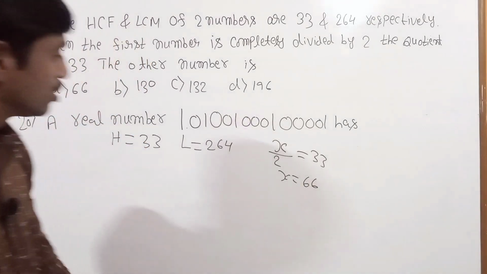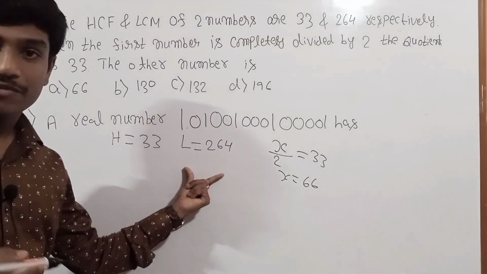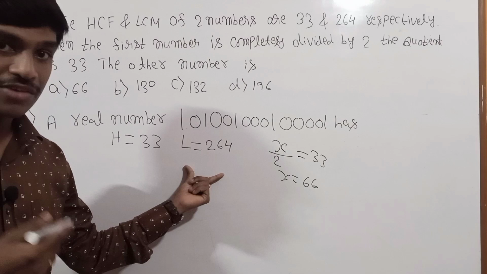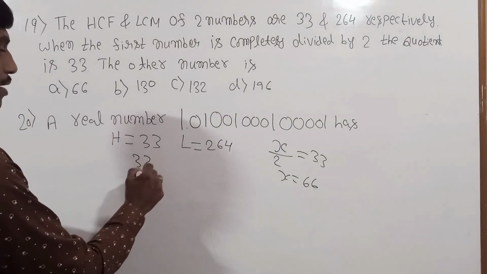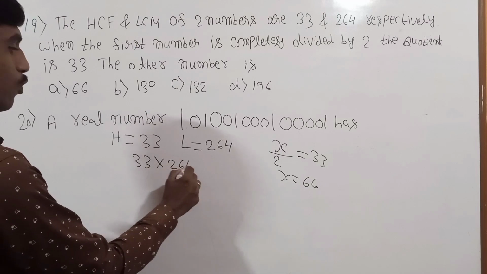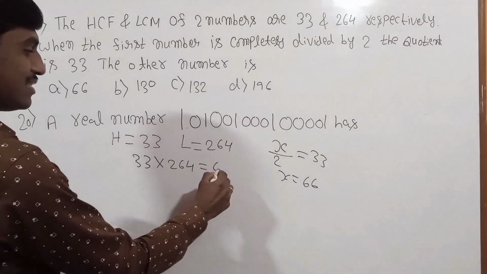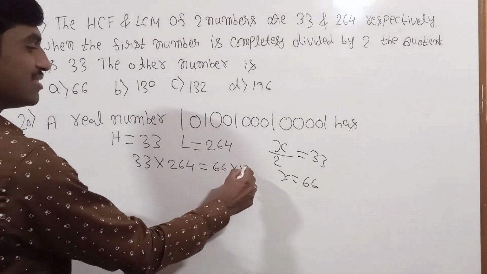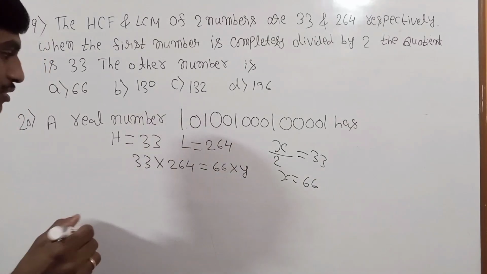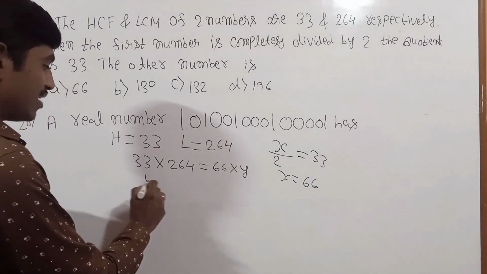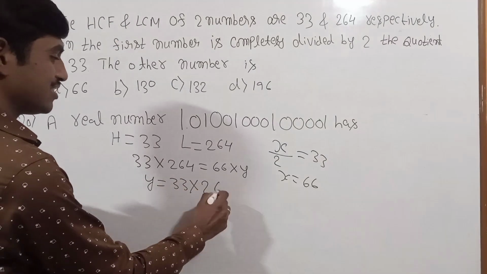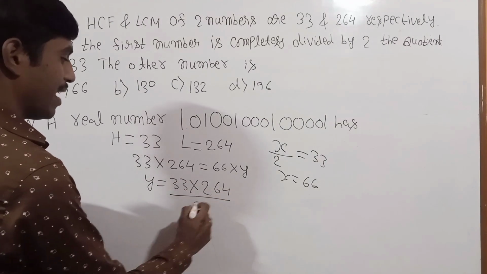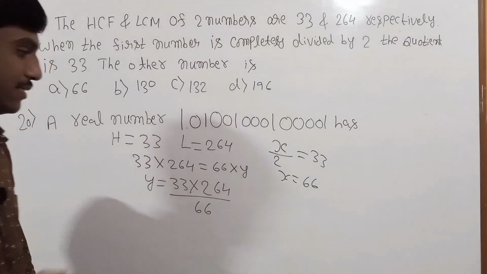So one number we got, and we know what HCF and LCM are. We can use HCF into LCM is equal to the product of the two numbers, and we get the answer. So HCF 33 multiplied by 264 will be equal to 66 into one more number. I'll take it as y. That means y equals 33 into 264 divided by 66.